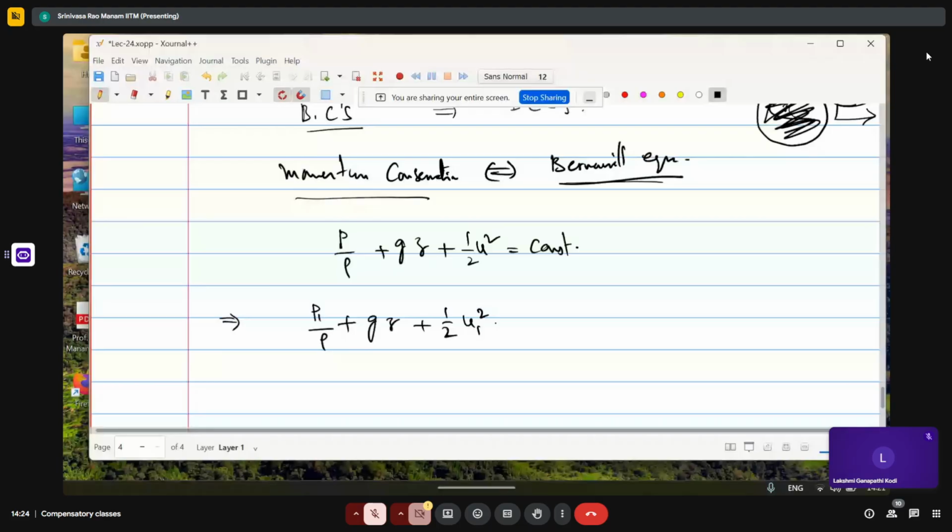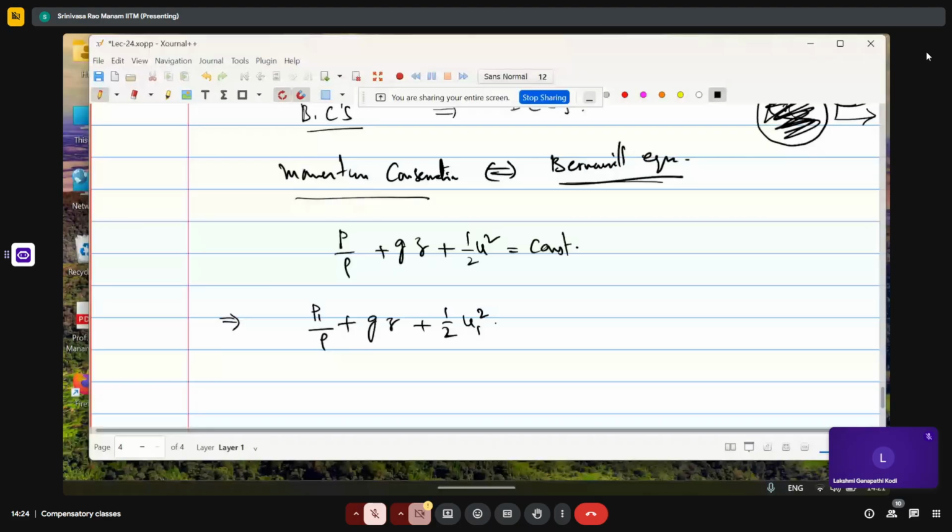What is your U theta? Just calculate: 2U sin theta. So the modulus is going to be 2U sin theta.